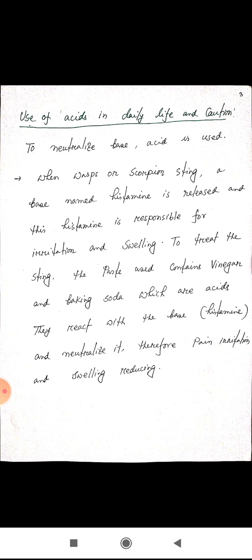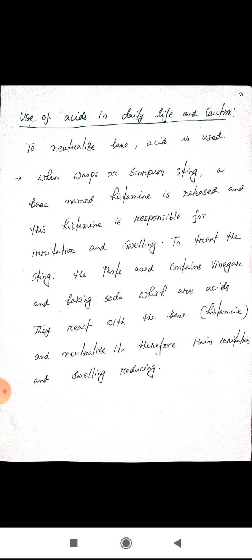So what happens? The acid contains H plus or protons, whereas the base histamine contains hydroxyl ions. So in the reaction of histamine and acid, I mean vinegar, because vinegar is an acid, that is acetic acid, the hydrogen ion which comes from the acid and the hydroxyl ion which comes from the base like histamine produce water, and that neutralizes the pain or irritation.